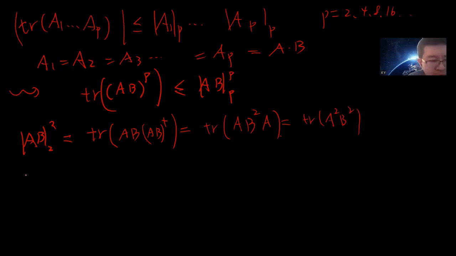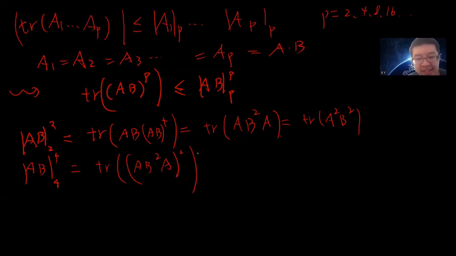If you do the 4-norm of AB and then raise to the power 4, you get by definition AB squared A, and then squared, which is the trace of AB squared A times AB squared A. These two can combine, so use the cyclic property.